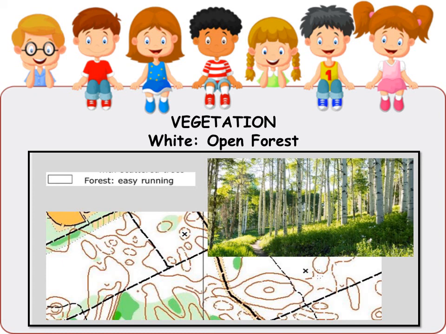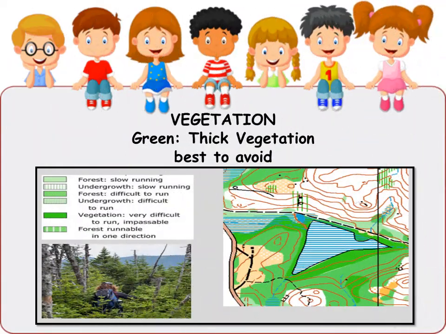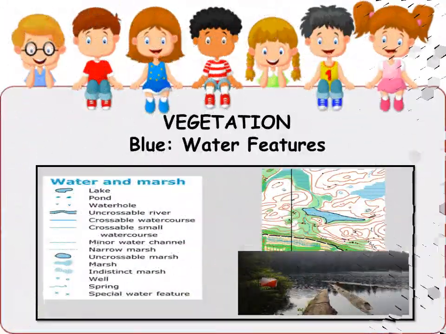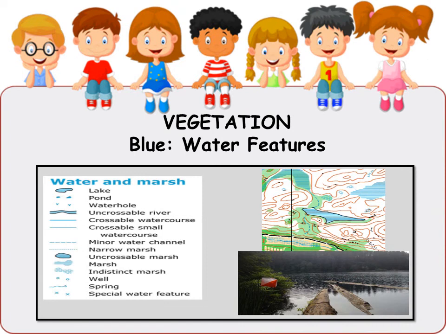When we say forest, it means easy running. We have the green, thick vegetation, best to avoid. We have the blue vegetation, which consists of water features.